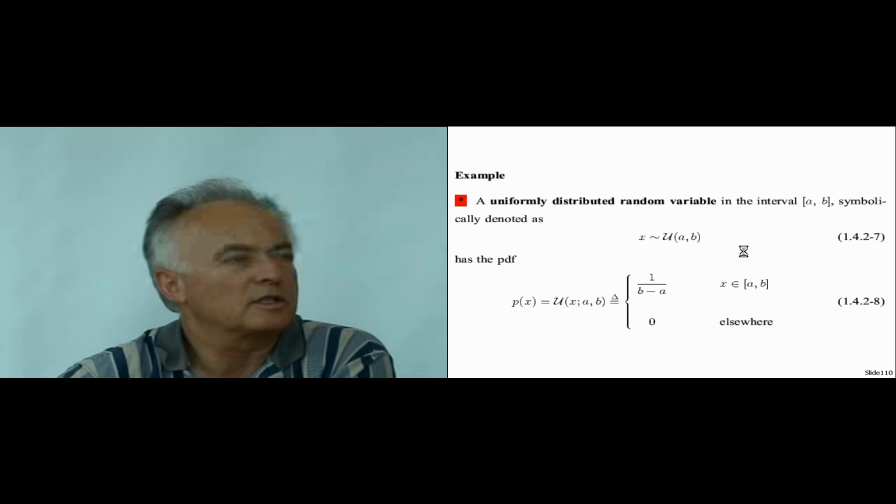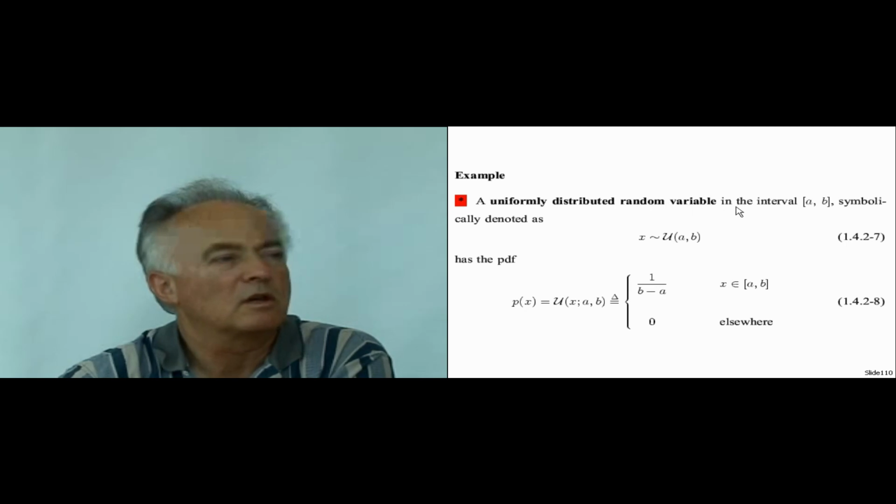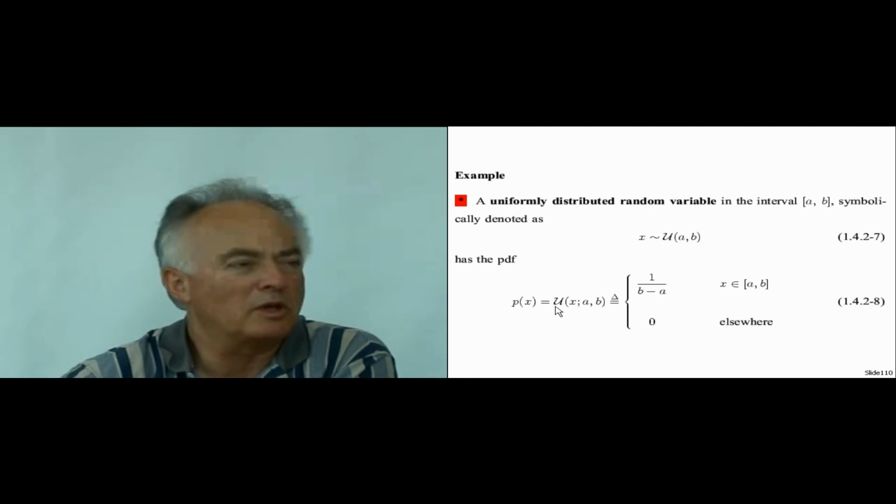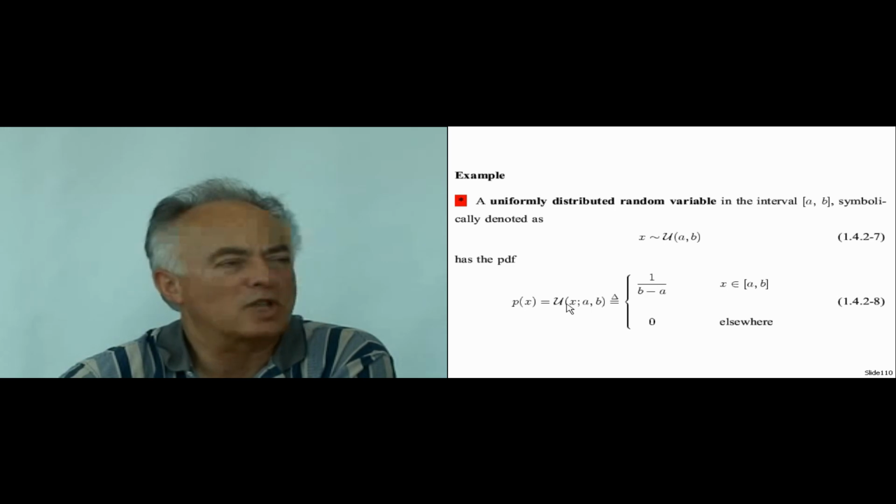Let's consider another example. A uniformly distributed random variable in the interval AB will be symbolically denoted X distributed uniformly in the interval AB. Its probability density function is denoted as U with argument x and parameters A, B. So here, "distributed as" is one thing, and here is a function.